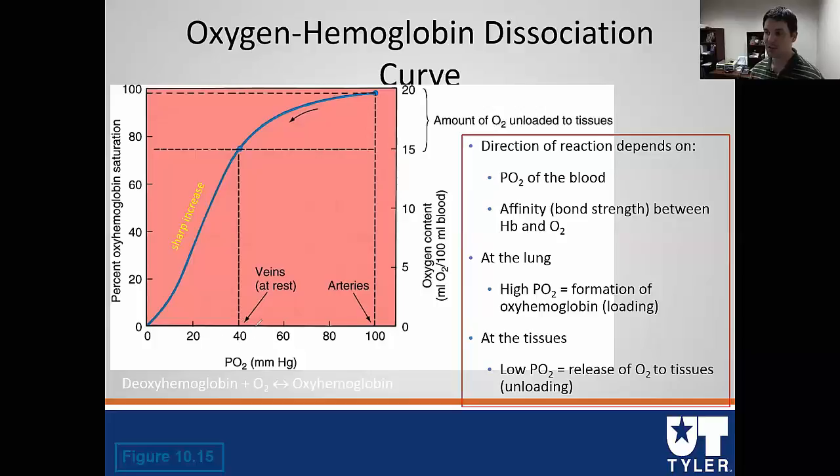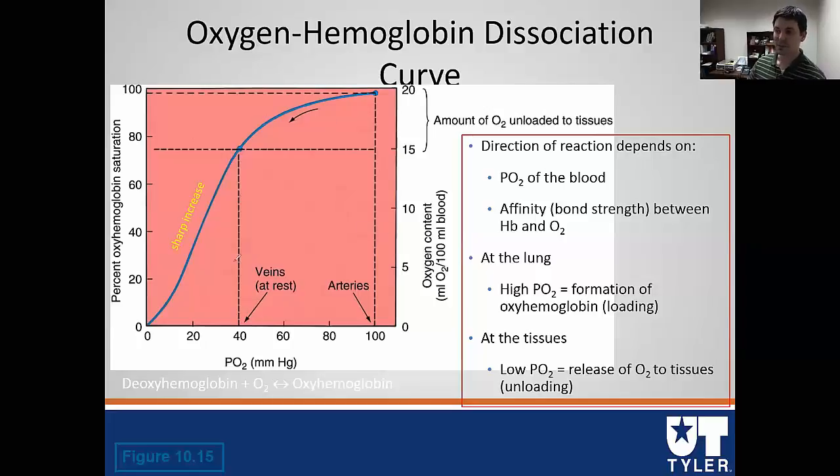So the tissue level at normal, at rest is, as you'll recall, 40 millimeters of mercury, right? So we can look at this value and say that at a PO2 of 40, we actually drop off about 25% of the oxygen in our blood into the tissue, specifically as we talk about exercise and metabolism, talking about muscle usually, right?